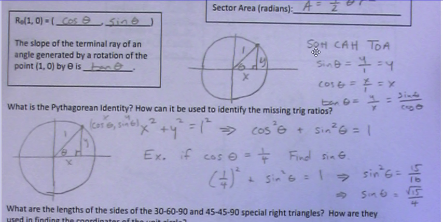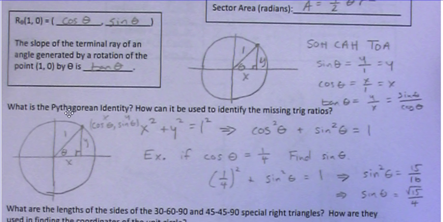We found these by just using SOHCAHTOA. The sine was the opposite over the hypotenuse, cosine adjacent over hypotenuse, and the tangent was the opposite over the adjacent. So that'll help you while you're trying to solve some different problems.